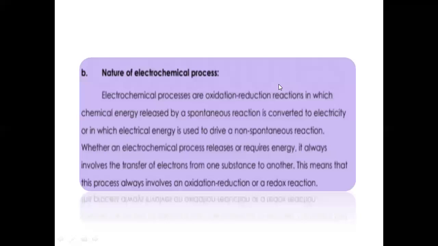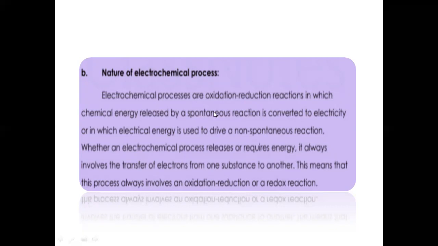B part is nature of electrochemical process. So electrochemical processes are oxidation reduction reactions in which chemical energy released by a spontaneous reaction is converted to electrical energy or electricity. What is a spontaneous reaction? A reaction which takes place by its own without the involvement of any external source.